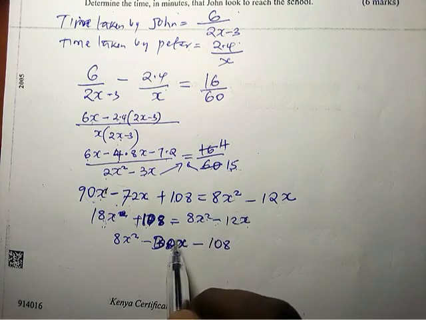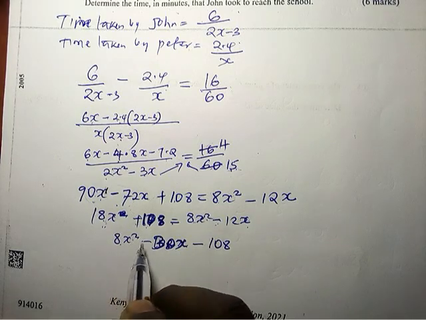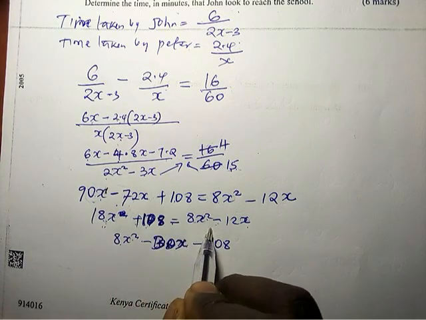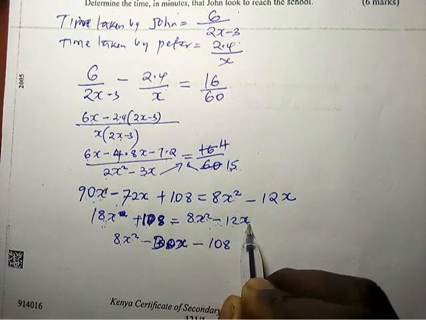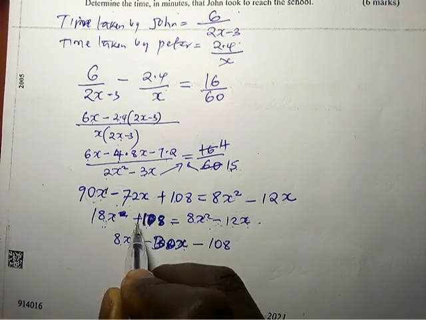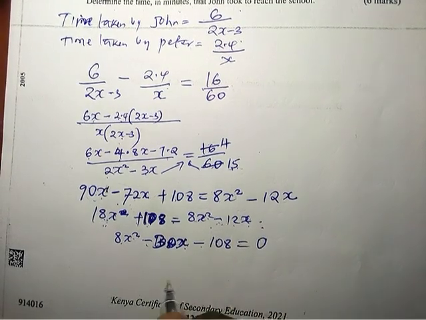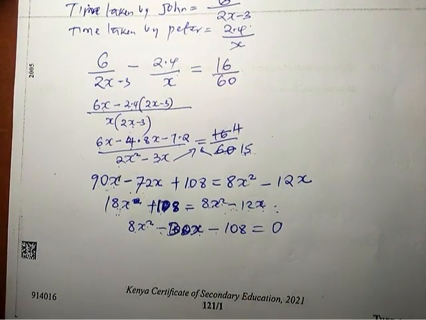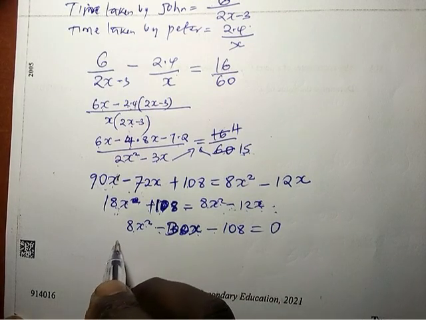Now we collect like terms together. So I started with this 8x squared, and this one coming to this side will be 18x minus 12x, minus 18x will be negative 30x. 108 is positive here, moving to this side it will be minus, is equal to 0. And at that point we can solve using the quadratic formula.